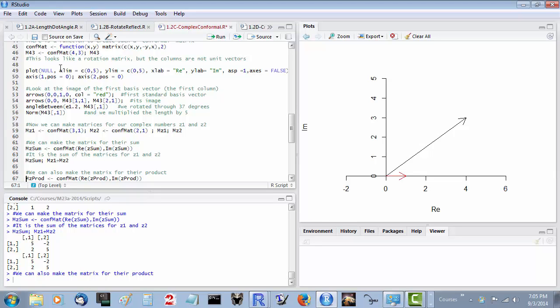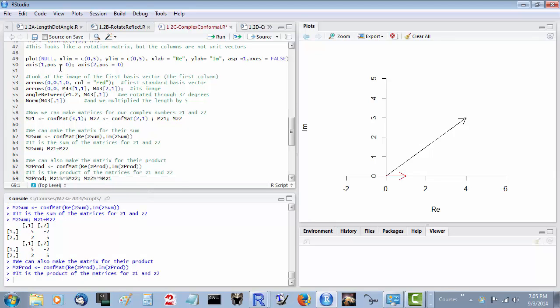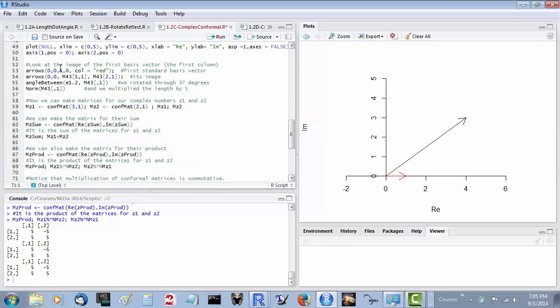First thing we'll do is make a conformal matrix from the real and imaginary part of the product of the two complex numbers. The second thing we'll do is multiply together the matrices that represent these two complex numbers. Behold, we get exactly the same answer.